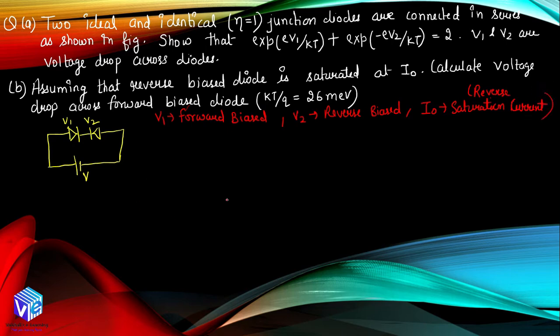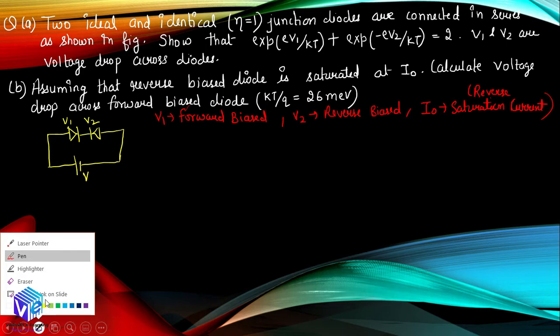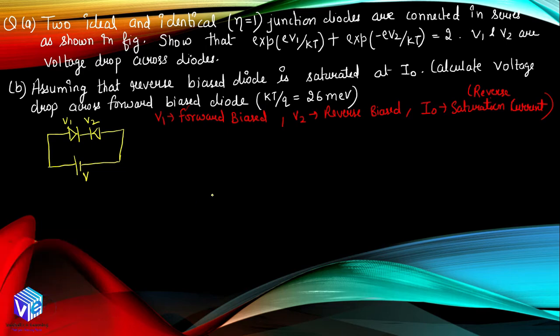Now we will be analyzing the equation for the current for the diode D1 and the diode D2. For the diode D1, the current equation is I is equal to I naught e raised to power EV1 upon KT minus 1.